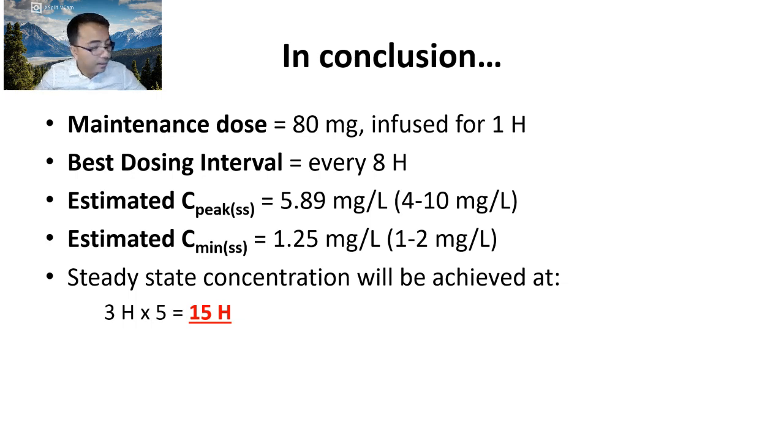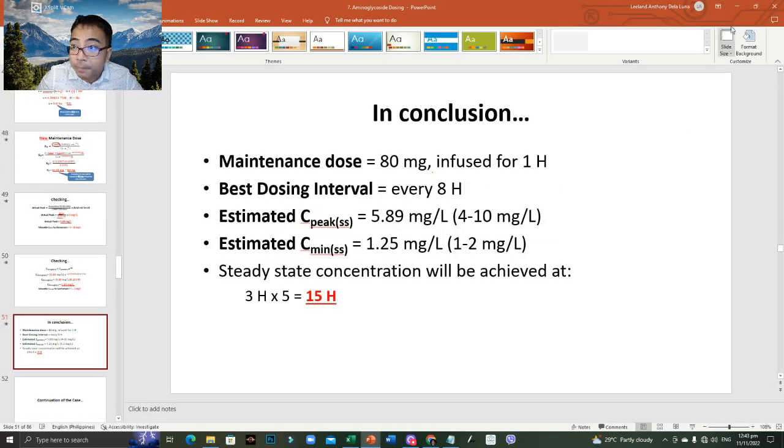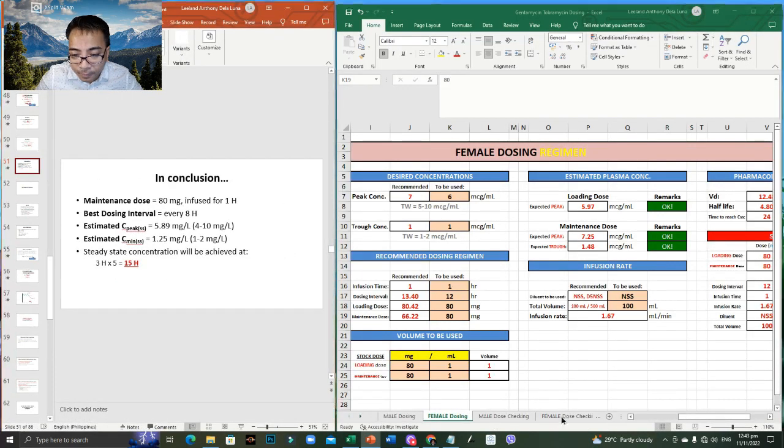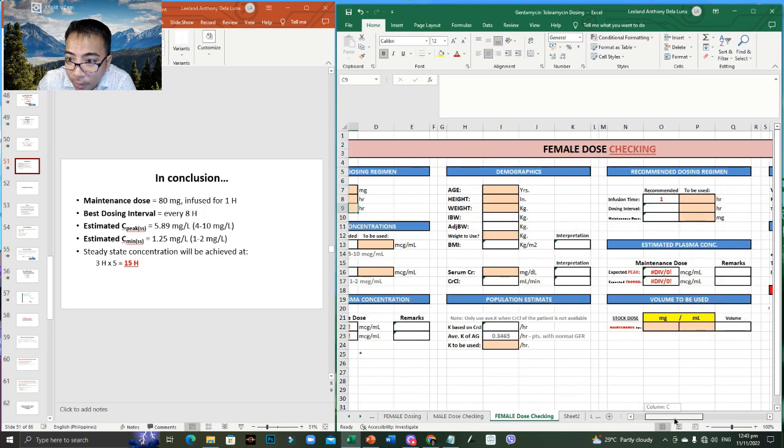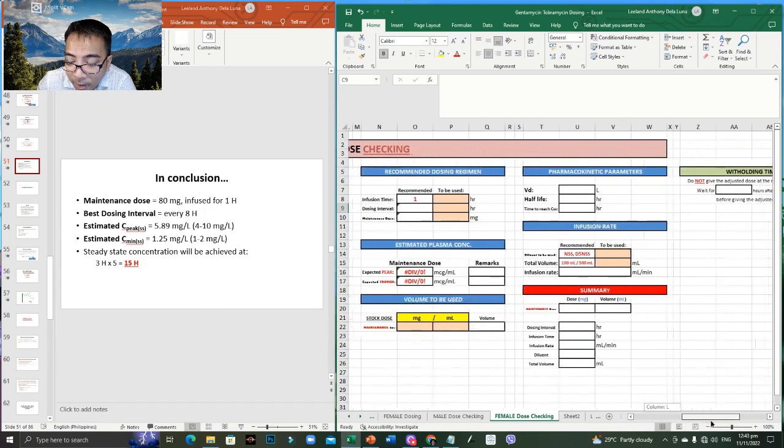Okay, so let me just check. Alam ko pwede kong gamitin to eh. So ang current maintenance dose natin was 70 for our patient, and dosing interval was every 12 hours. Wait, let me check. Ay, wala.